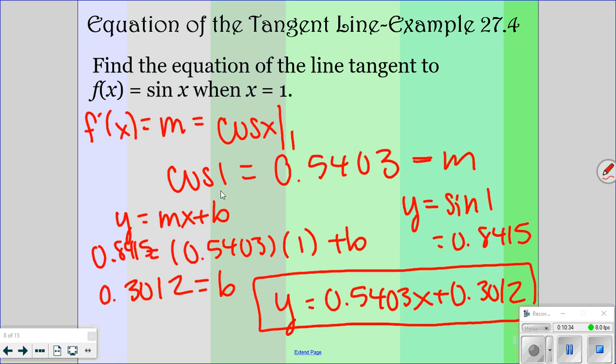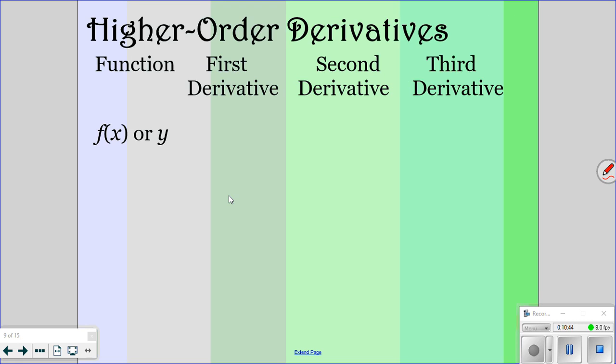Again, we had to use our calculator in radians because we don't know what the cosine of 1 or the sine of 1 is. Okay, so now we're going to look at higher order derivatives. If your function is f of x or y, then the first derivative we've dealt with, f prime of x or dy over dx. But you can take the derivative of a derivative, which is the second derivative.